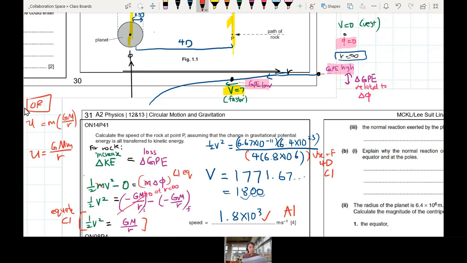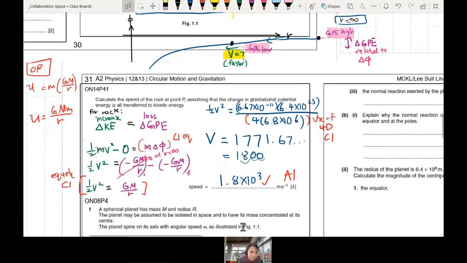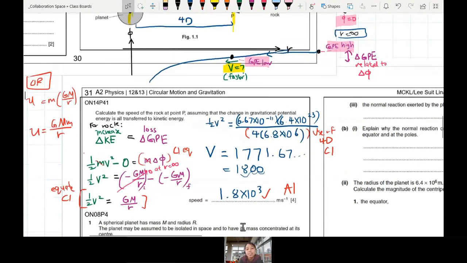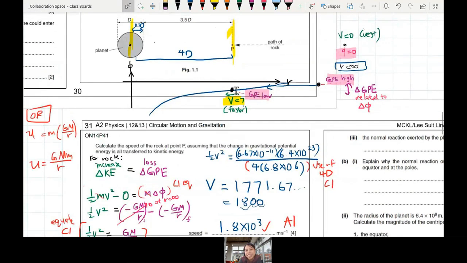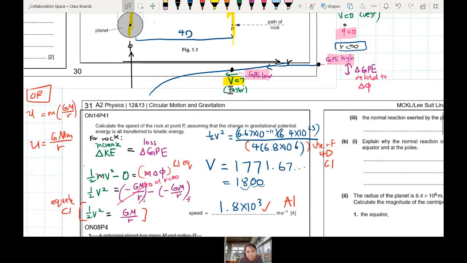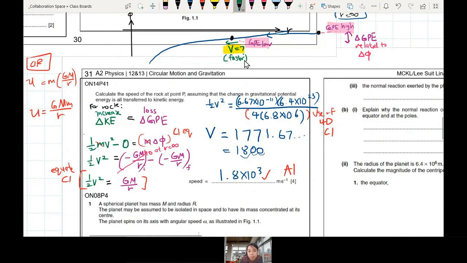So this 1771, if you are ever an engineer working on a satellite, rocket, spaceship, aerospace, something, you have to make sure the speed is not too fast when you are entering a planet. Because if your speed is too fast, you might have some problems. So the question people always have to ask themselves is, is this too fast to enter the planet?